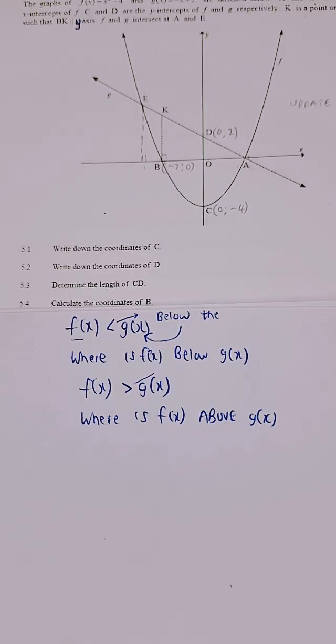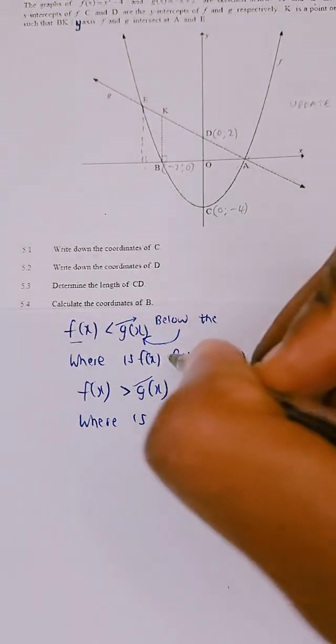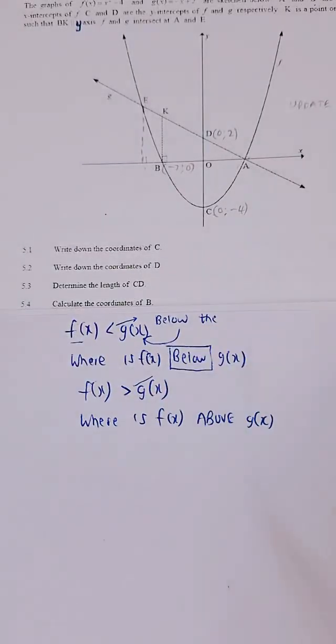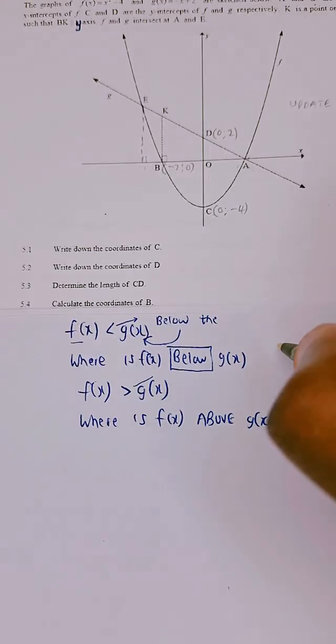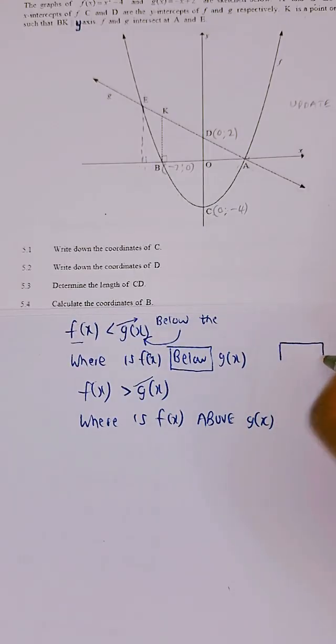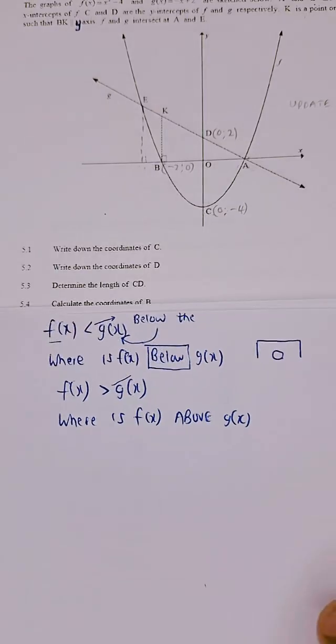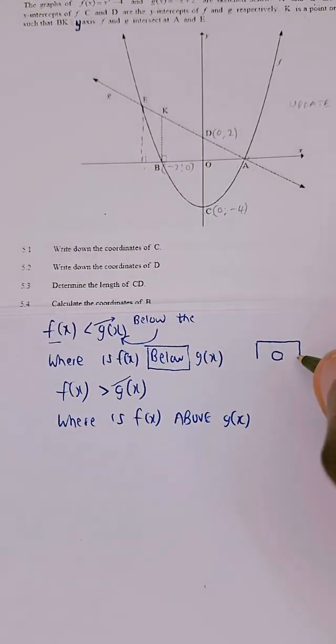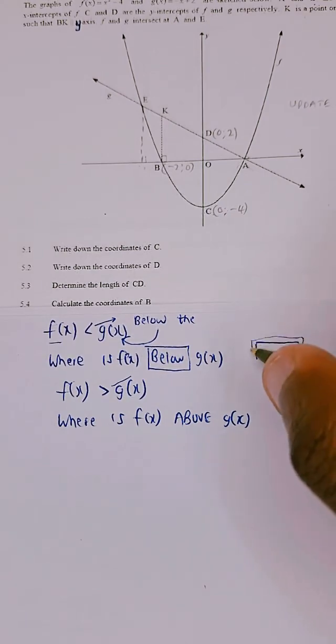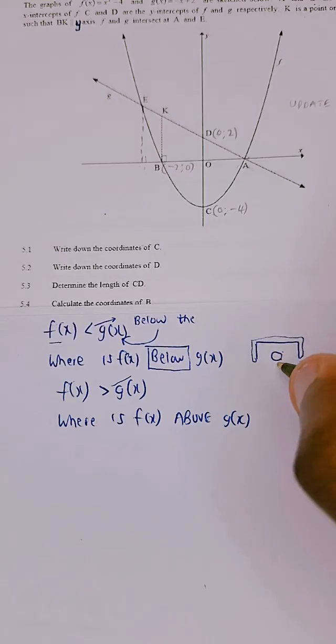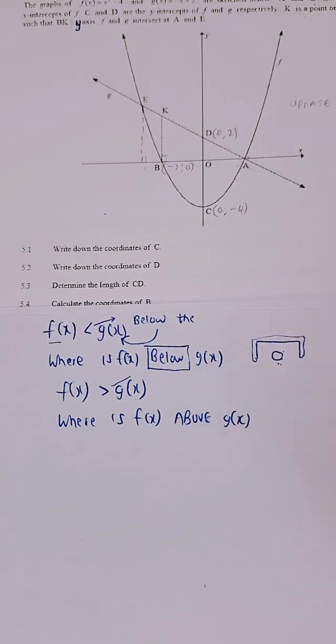So when I say where is f below, hopefully the English clicks. For instance, if I have a table and a ball underneath the table, then the ball is below the table. The table is above the ball.